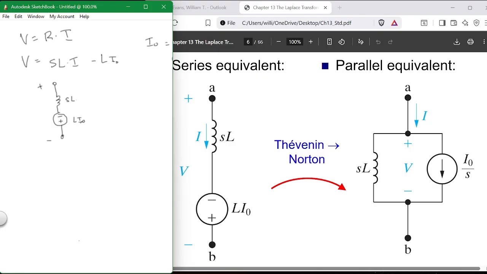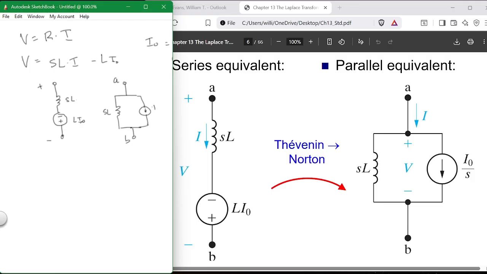Now, if you want to use a current instead of voltage, which nobody does, you do this. You put this little element right here, S times L, across A and B, and this would be your current supply.